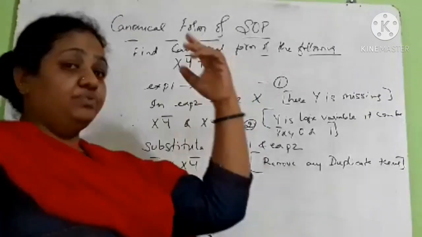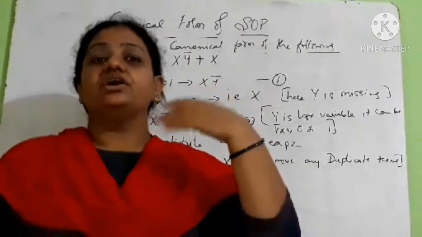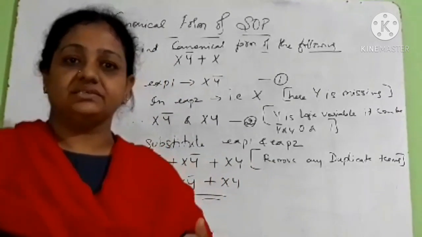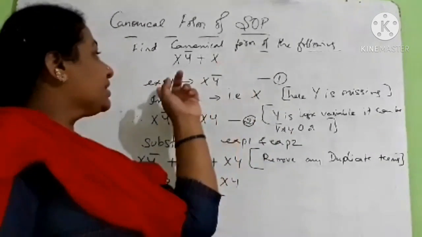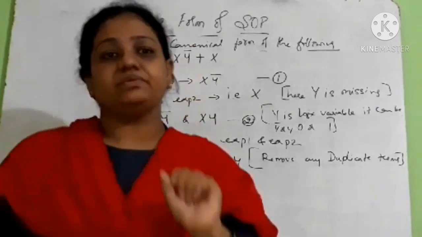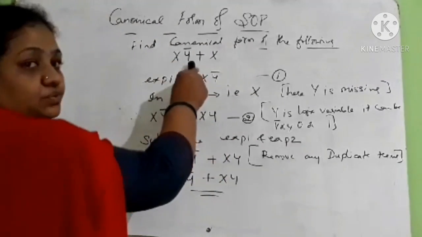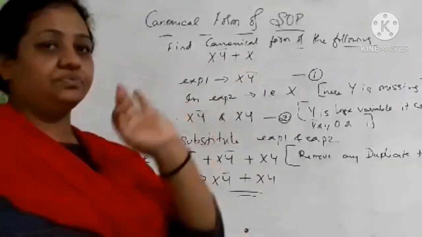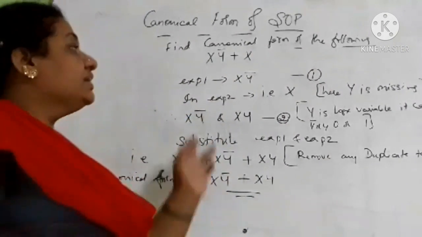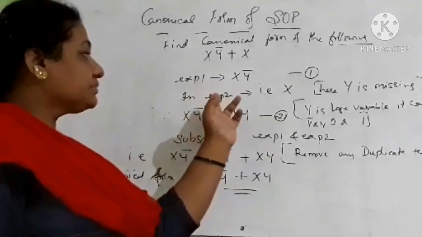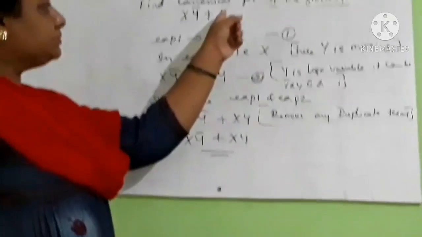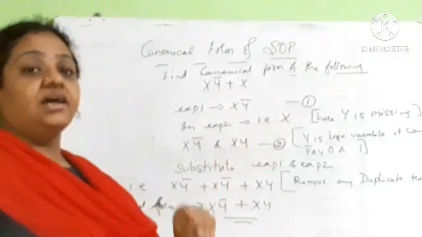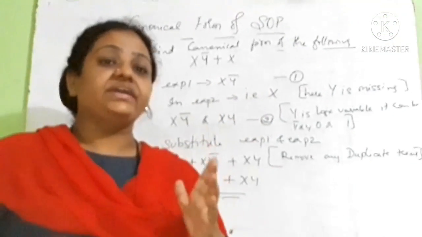So now we need to convert it to a canonical form of SOP. How do we do that? Let us take individual expressions. Expression 1 is x y bar. Here both the variables are there, so we need not change anything. Next we take expression 2, which is x. Y is missing.